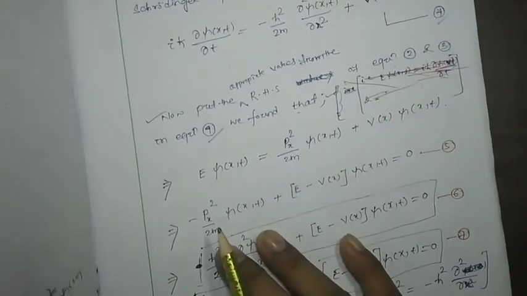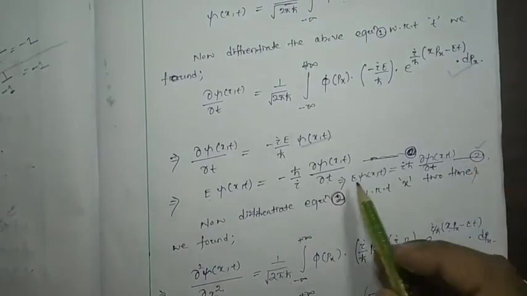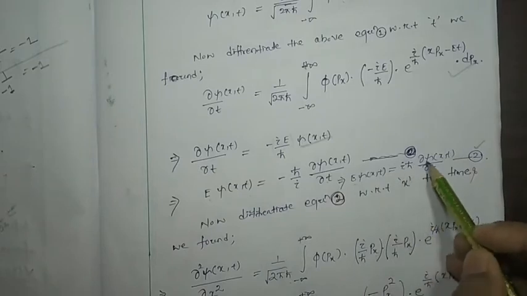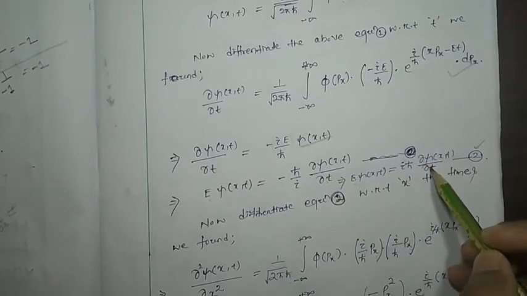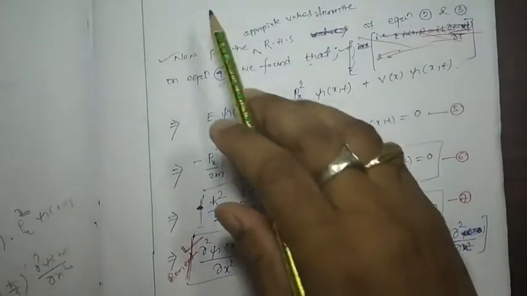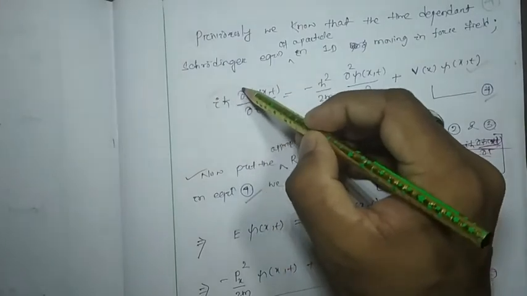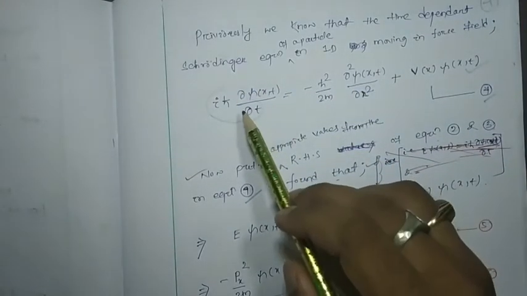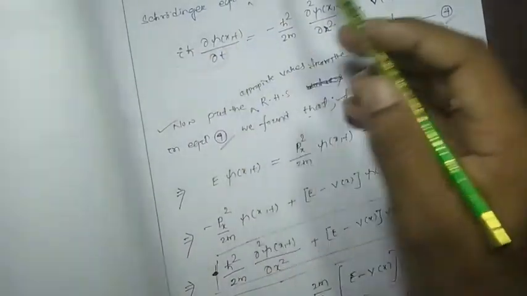Now from equation number 2, we can find that E psi(x,t) is nothing but i h cross del psi(x,t) by del t. Consider equation number 1 for this one, equation number 2.